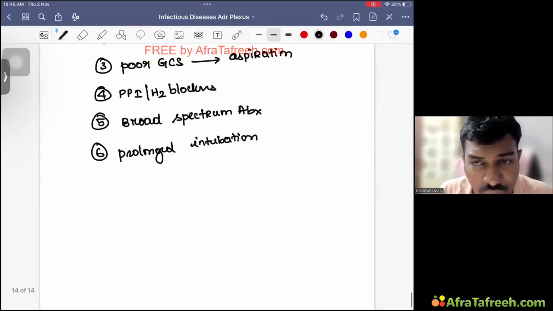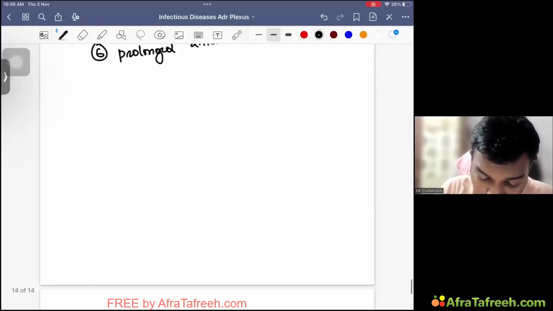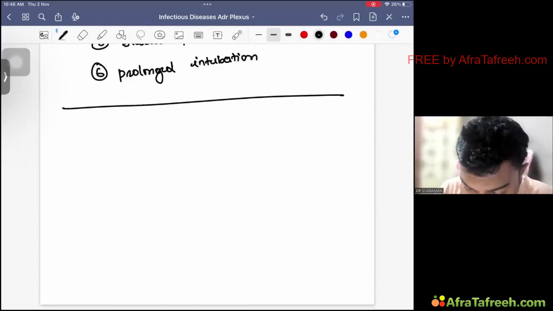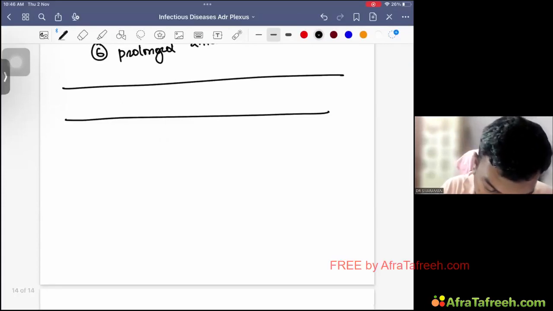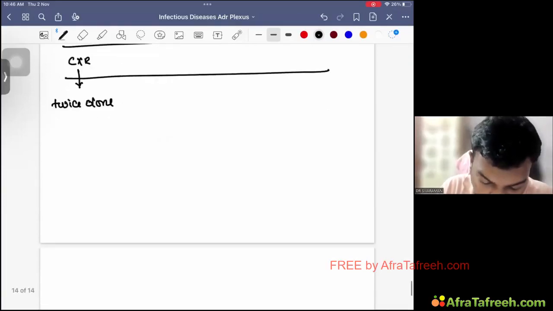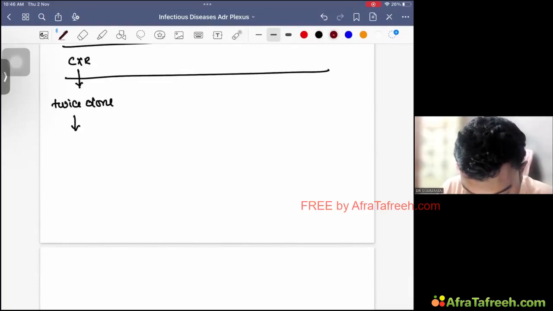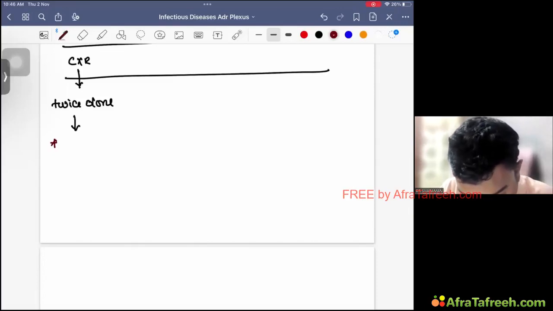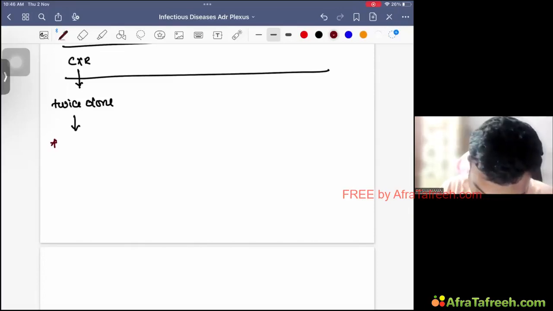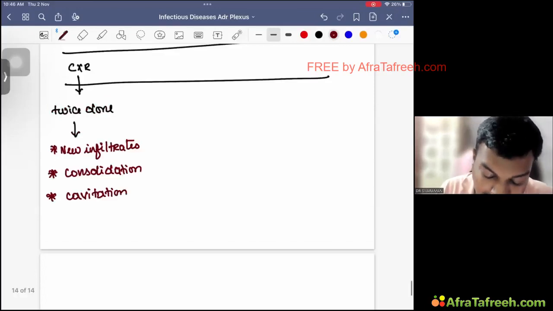So when you suspect a patient is having VAP, you have these patients with risk factors, and these patients have a chest X-ray, which is done twice, and shows new infiltrates, consolidation, or cavitation, then there is a high chance it's a VAP.